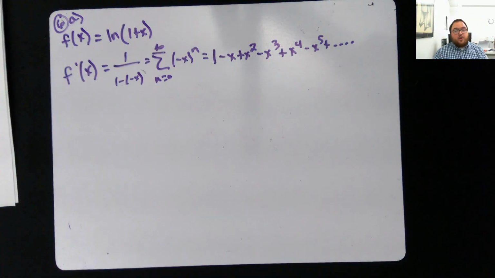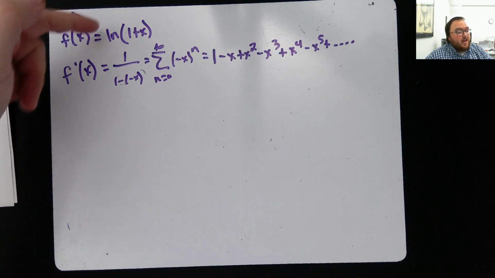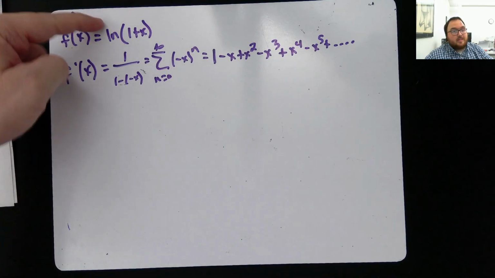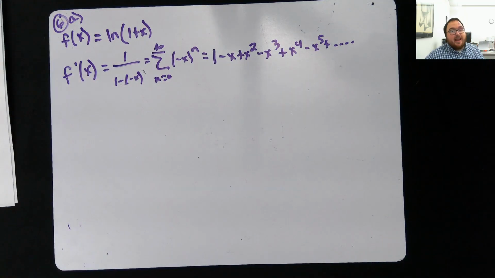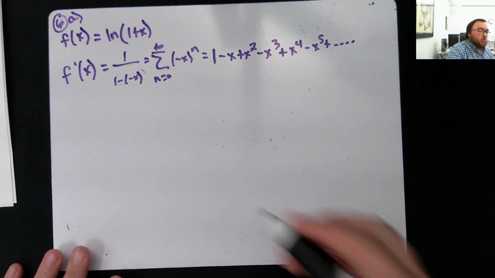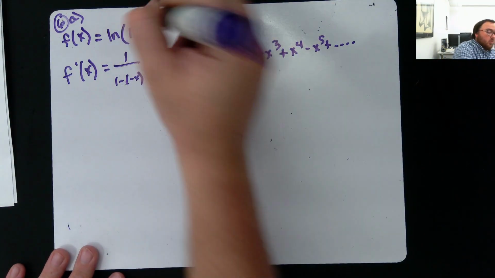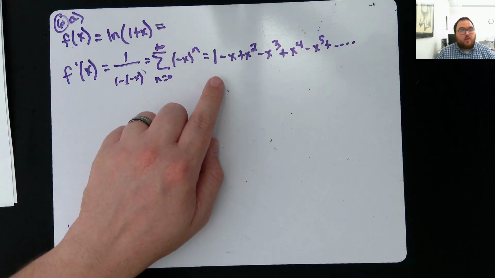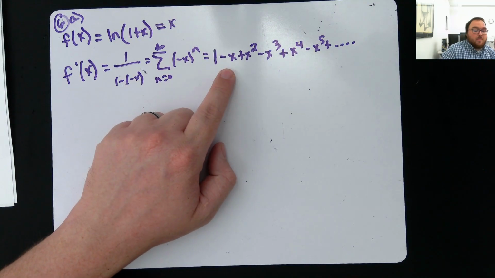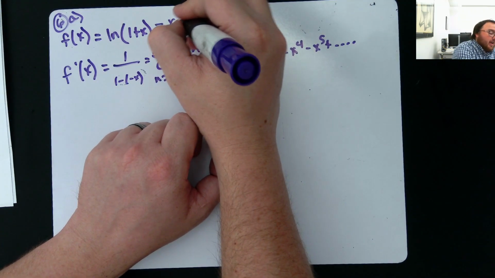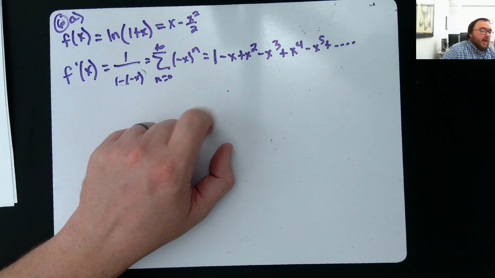So that's all fine and good, but I want it for the natural log. So since this was the derivative, I can now go backwards and take the antiderivative to help me out. The antiderivative of 1 is x. Antiderivative of negative x is negative x squared over 2.